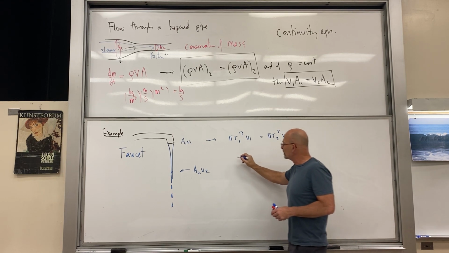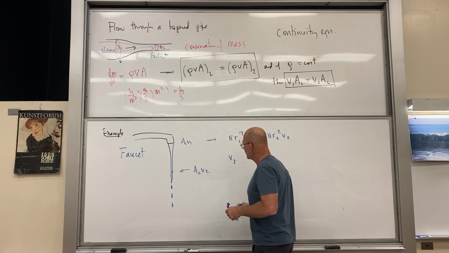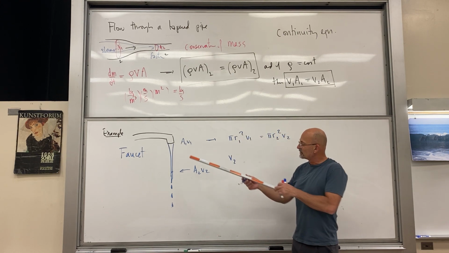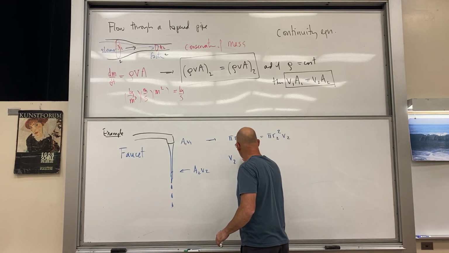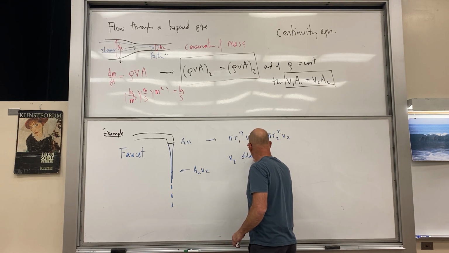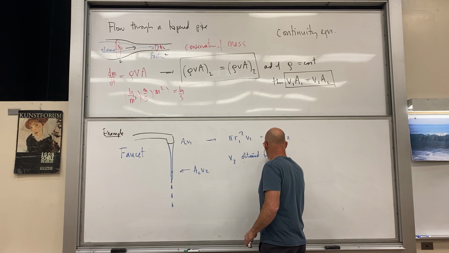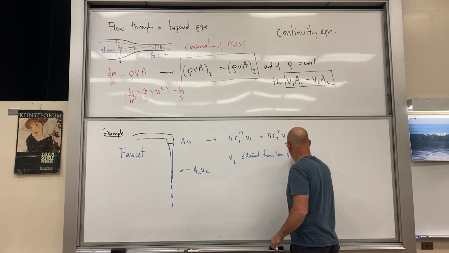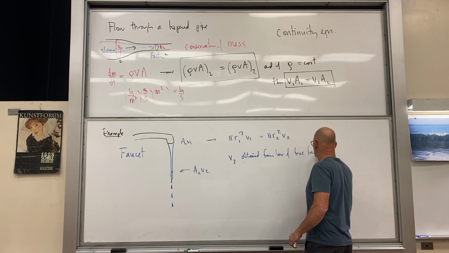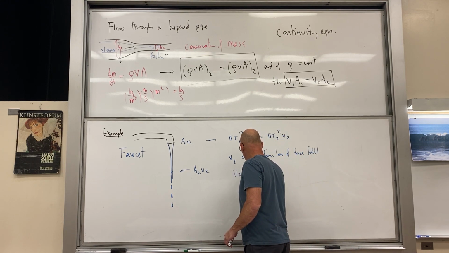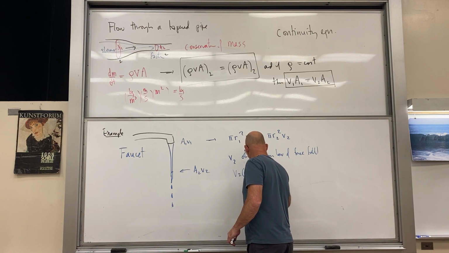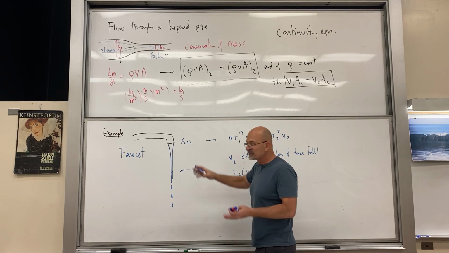But V2 can be obtained just from the law of free fall. And it's going to depend on V1 and the distance that it's fallen.